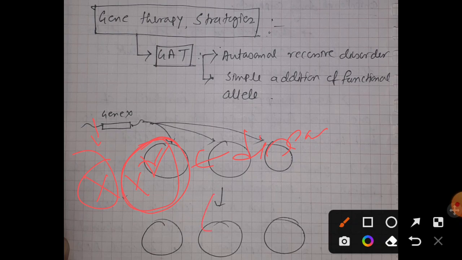That means she will still be a carrier, and as it is sex linked, there is a chance that the disease will reappear in their offsprings, right? That means here also you cannot apply gene therapy. That is why gene therapy is only applicable for autosomal recessive disorder. Mind it very carefully. And it involves simple addition of a functional allele.